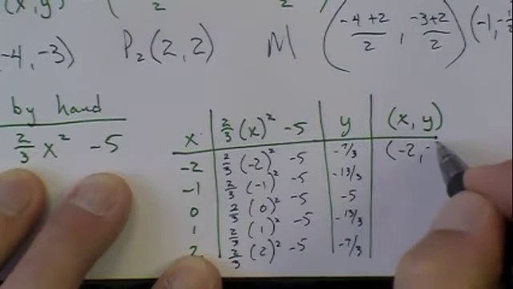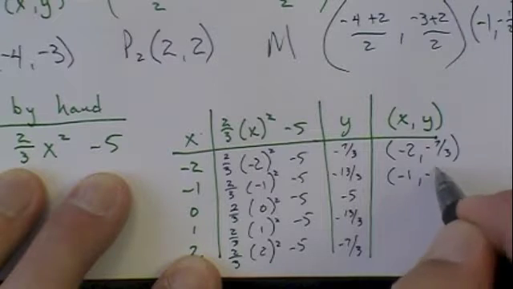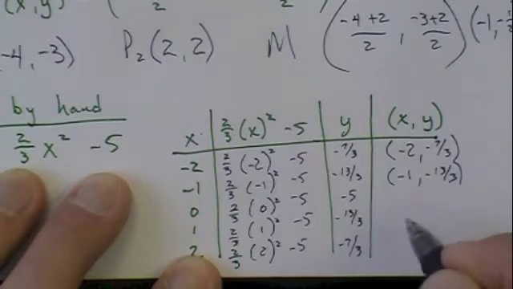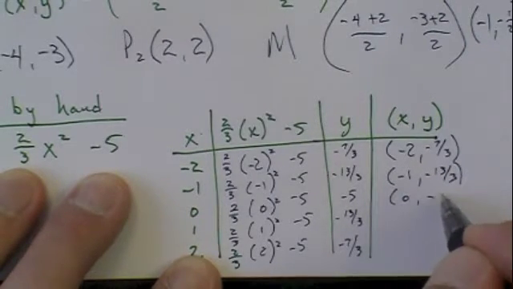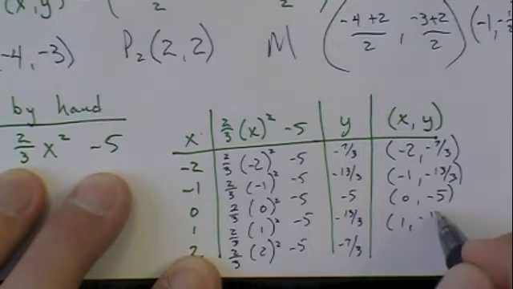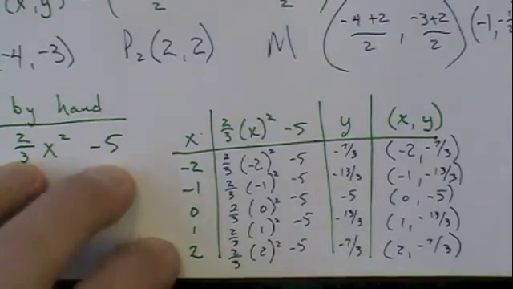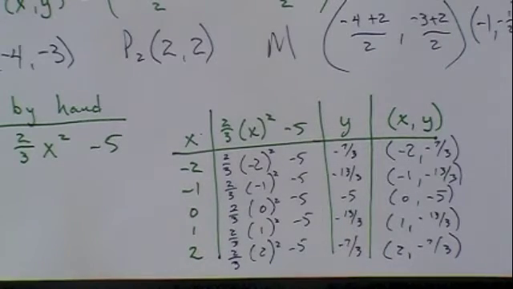Here we're at -2, -7/3 would be 1 point. Here's another point at -1, -13/3. Here's our other point at 0, -5. Another point at 1, and then -13/3. And then our last point is at 2, -7/3. Then we go and plot those 5 points, and that will give us our graph.